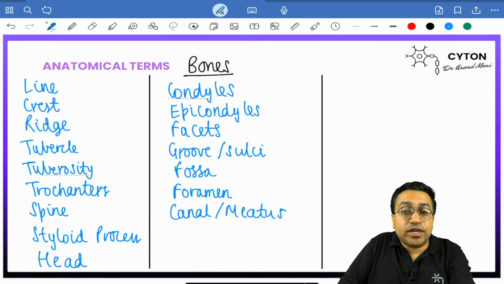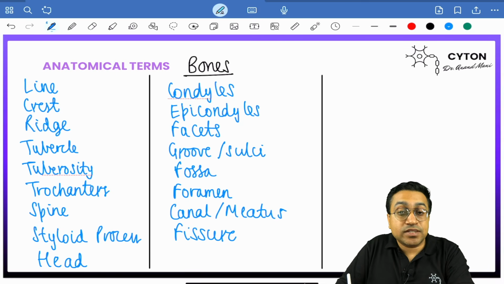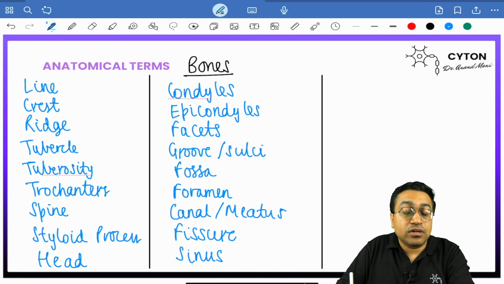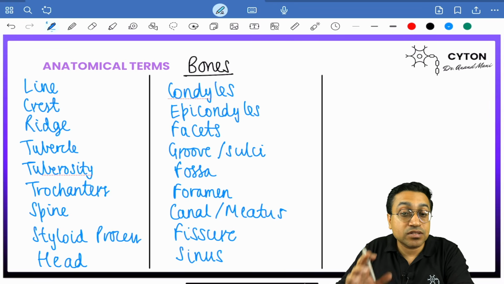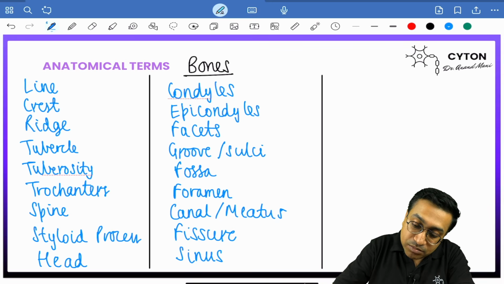Okay, so that is tubular passage in the bone. Example, carotid canal of the skull. Okay, fissures, that is gap between the adjacent bones. Example, superior orbital fissure. Sinus, example the air sinuses, like the maxillary sinus, frontal air sinus. All these are air filled cavities within the skull bones. Okay, so these are the anatomical terms related to the bones.